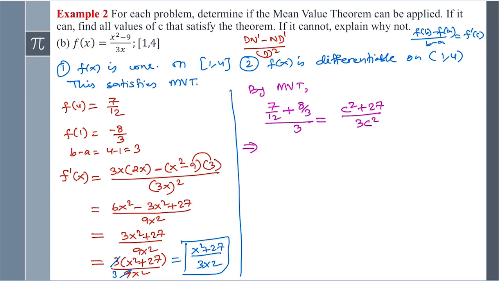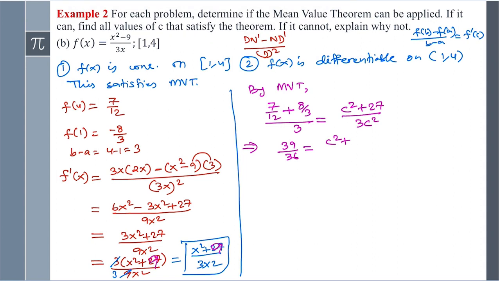Now go ahead and do the fraction on the left hand side. If you simplify that fraction, you get 39 over 36 equals c squared plus, why did I write 27? I made a mistake here. This should be 9.